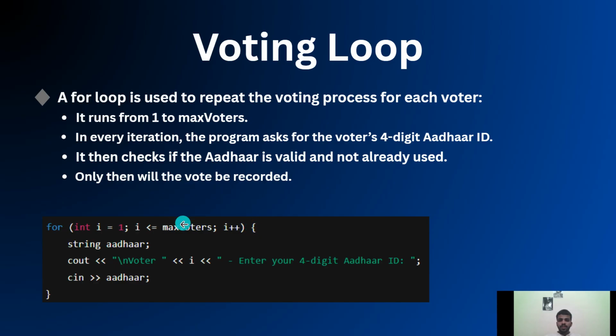Only if it is valid will the vote be recorded. If the Aadhaar is genuine and the person is genuine, then the vote will be recorded. I will show how it works in the code. Now let's move to the next slide.